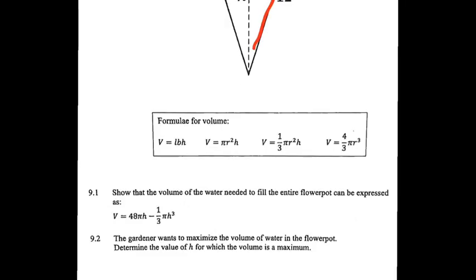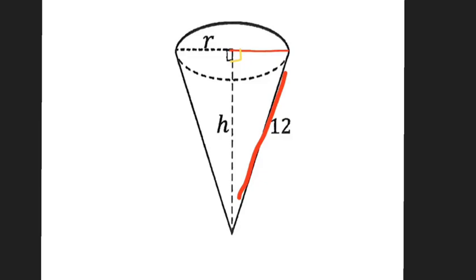Question 10.1 says show that the volume of the water needed to fill the entire flower pot can be expressed as volume is equal to 48 pi h minus 1 over 3 pi h cube. I'm going to use Pythagoras here because the radius is on the right hand side, which I highlighted with the red color, and with the yellow color I indicate that it is also 90 degrees.